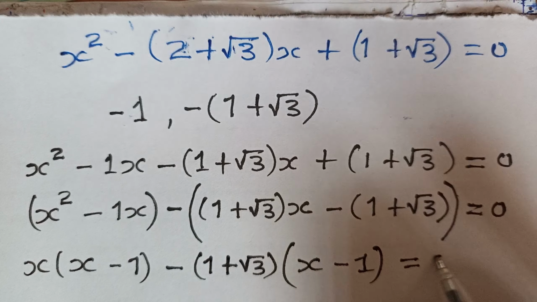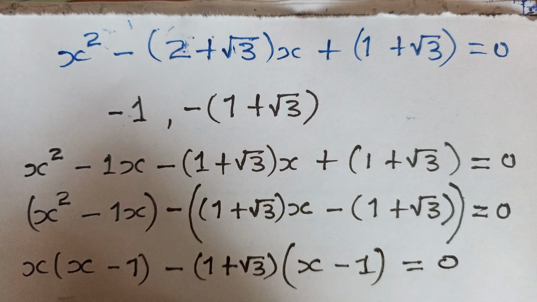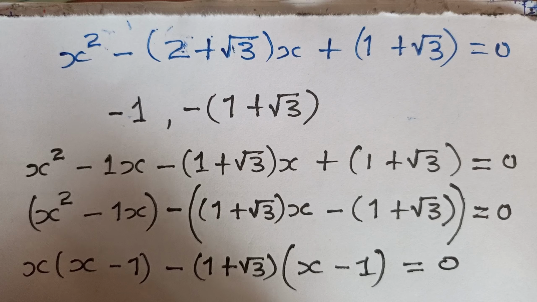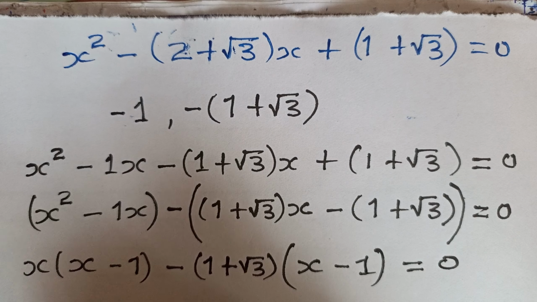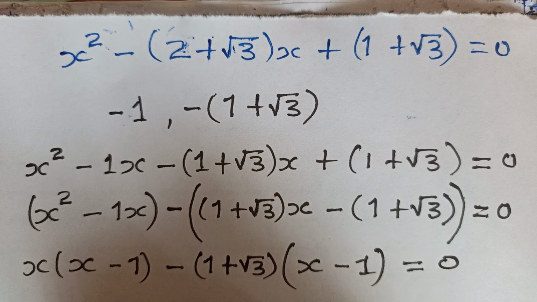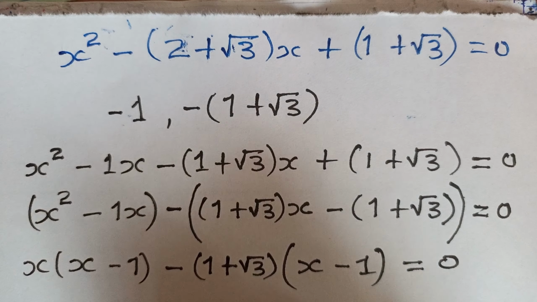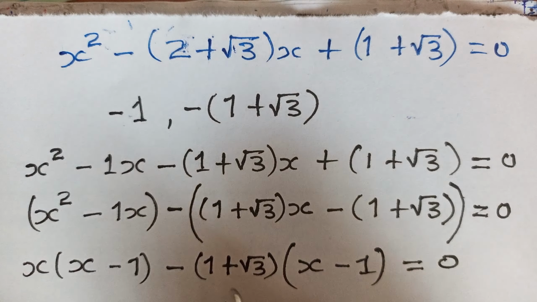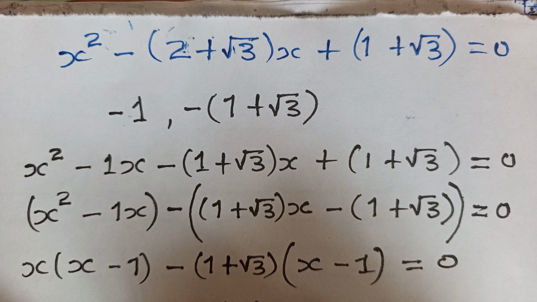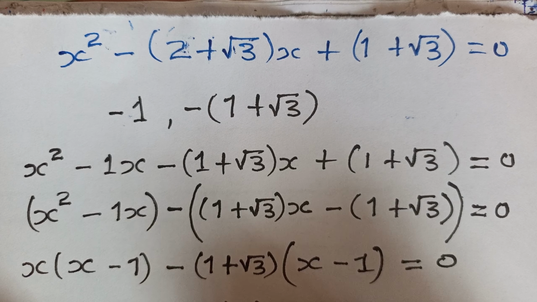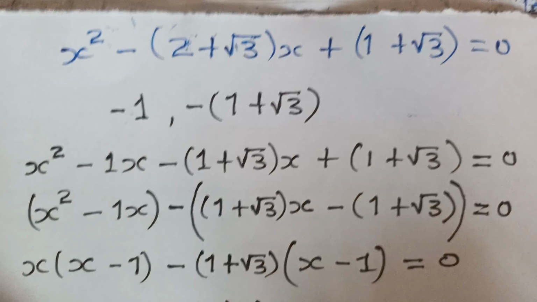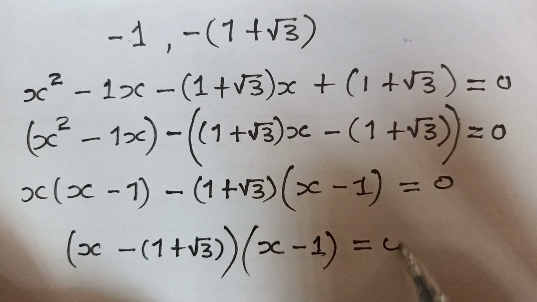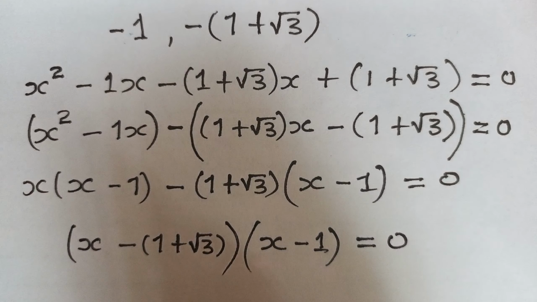This is equals to 0. Therefore, guys, we have x minus (1 plus root 3). We have that factor, and we also have this factor x minus 1. This gives us 0.